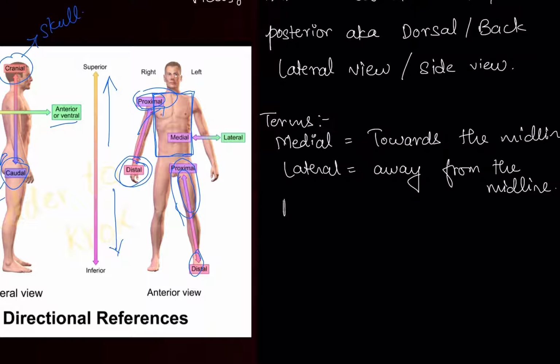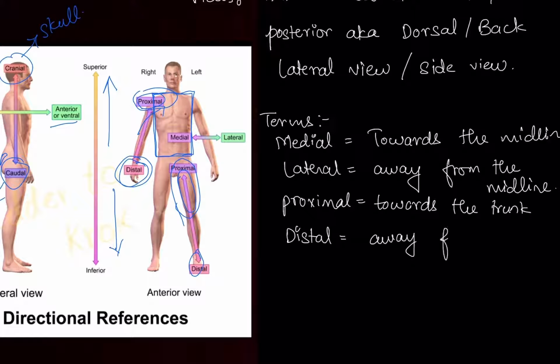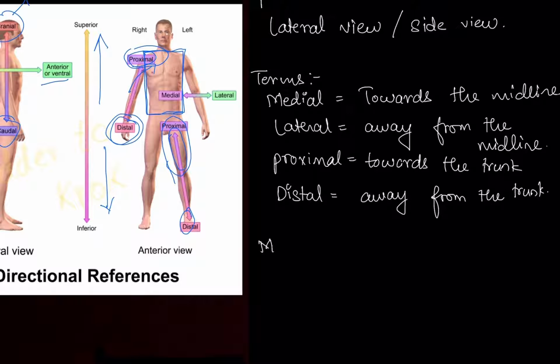There's something called as proximal. Proximal means towards the trunk, near the trunk, towards the trunk. Distal means away from the trunk. Now movements, some movements you need to know.